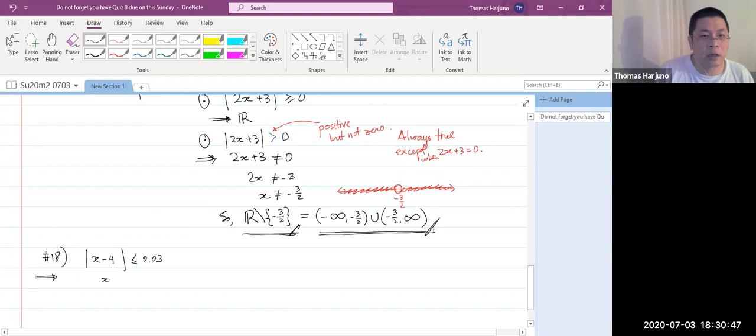So x minus 4 has distance less than or equal to 0.03 to the right or to the left. So when you add 4, you get 3.97 less than or equal to x less than or equal to 4.03. In interval notation, it will be 3.97 in bracket up to 4.03 also in bracket.